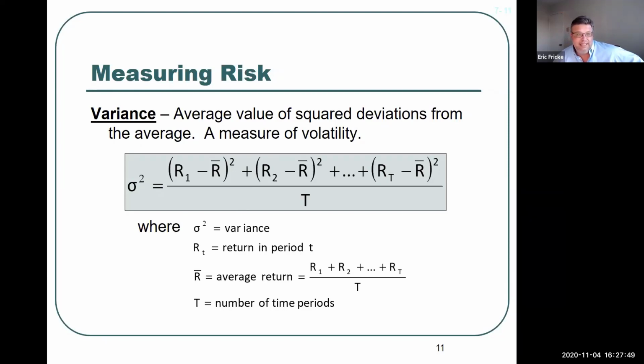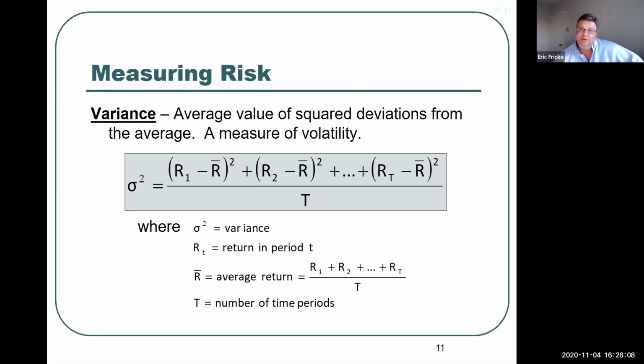Okay, so on the next slide, I'm going to go through a mathematical example of how to calculate variance. It comes pretty much from your textbook. I'm going to go through it step by step.